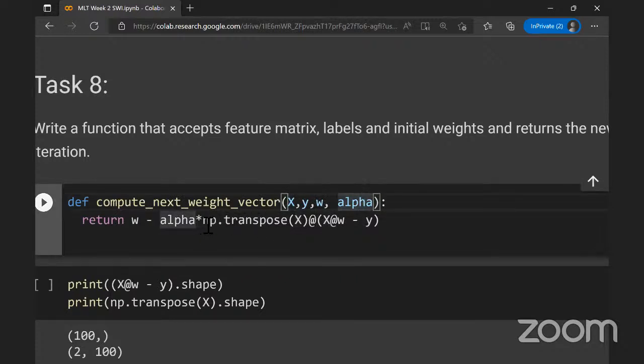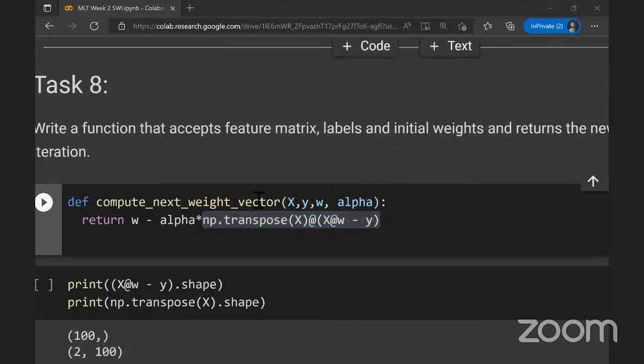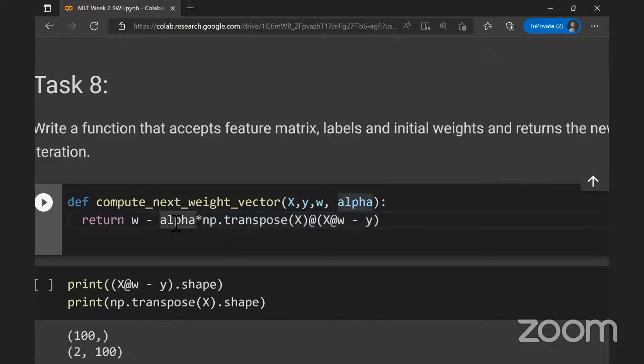And from the lectures, if you recall, can anyone recall what this quantity represents? Derivative of loss function. Fantastic. Yes, this is the derivative of the loss function with respect to the weight, and you multiply it with alpha, which is your learning rate.